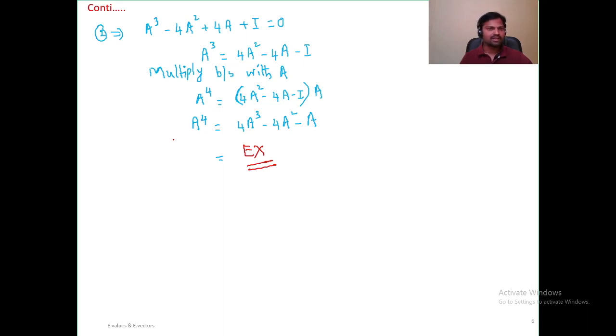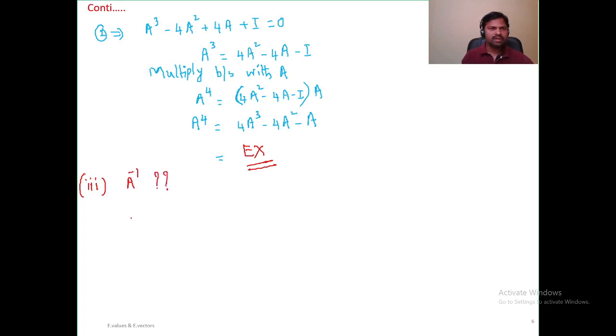And this is a third technique, finding inverse of a square matrix, particularly a non-singular matrix, by using Cayley-Hamilton theorem. Now let us find A inverse for this. So next, third question here. A inverse we are going to find.